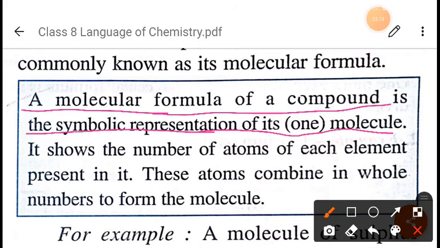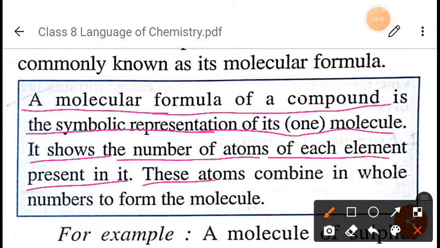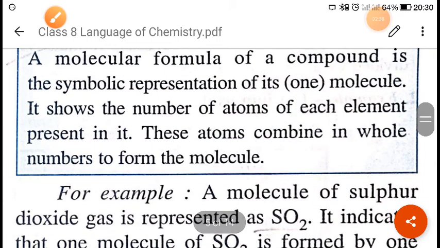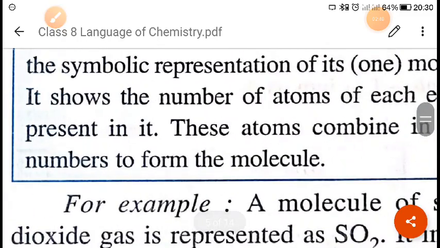It shows the number of atoms of each element present in it, and these atoms combine in whole numbers to form molecules, okay?